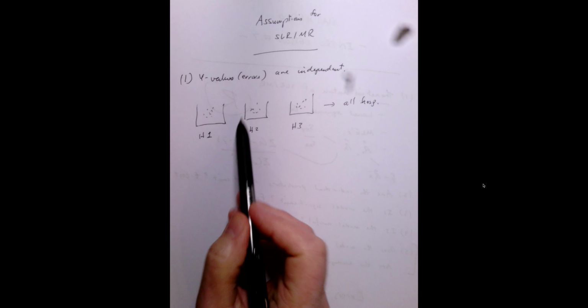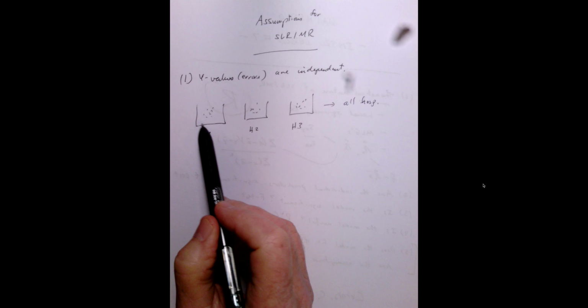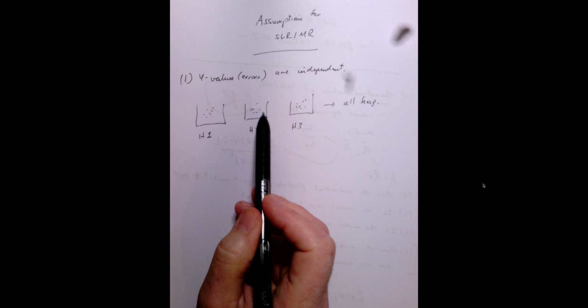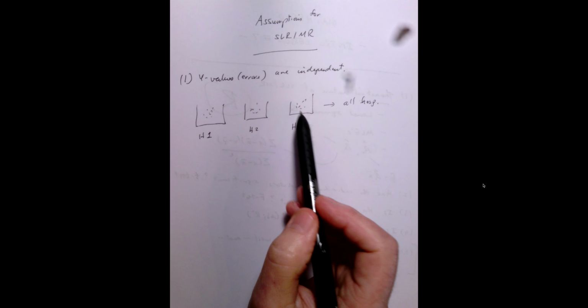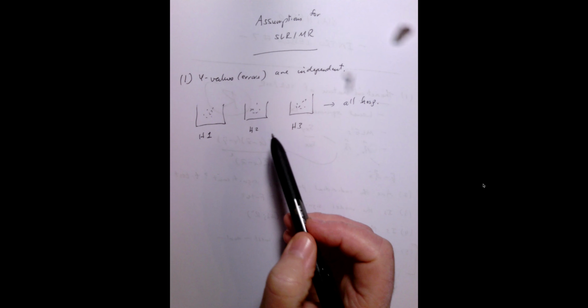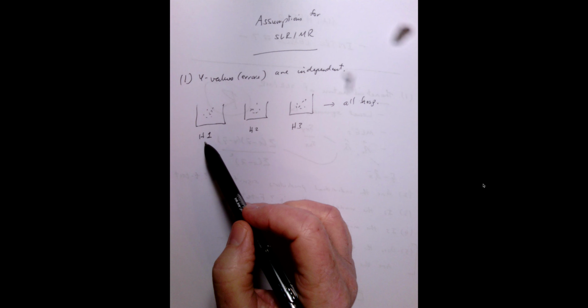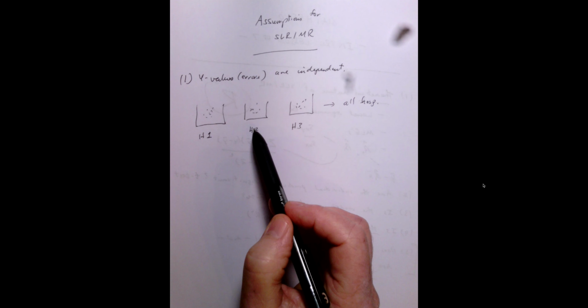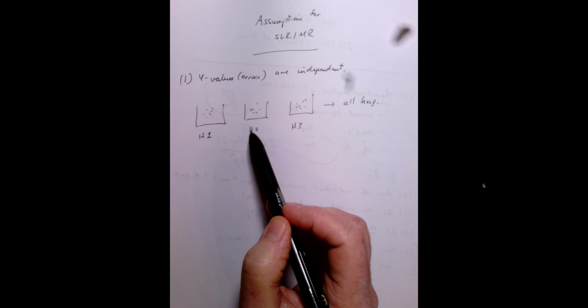So what we have here is nested data. And what we know from schools and hospitals and all kinds of different nested designs is that these values tend to be related. The fact of the matter is some hospitals are just better than others. Some hospitals have different characteristics for patients.